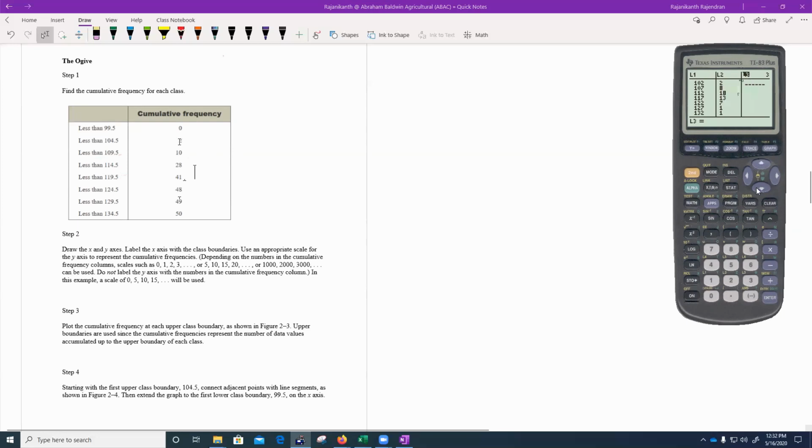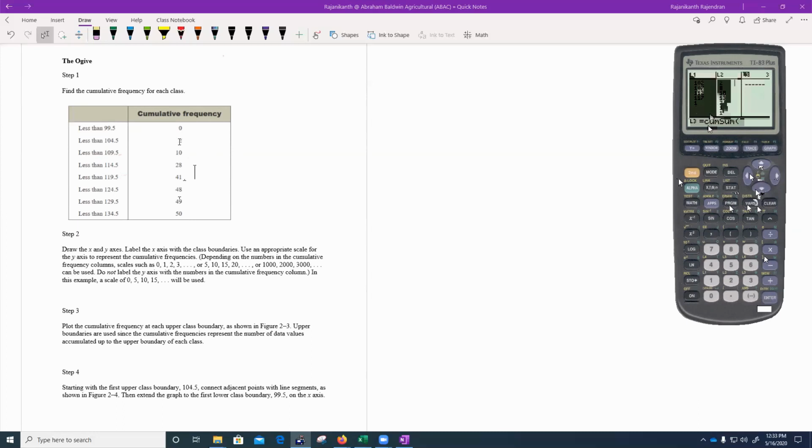So first go to L3, highlight that value, okay? Now go to second, STAT, it means I'm going to list and choose the second option, OPS. Then come to the sixth one, which is the cumulative sum.